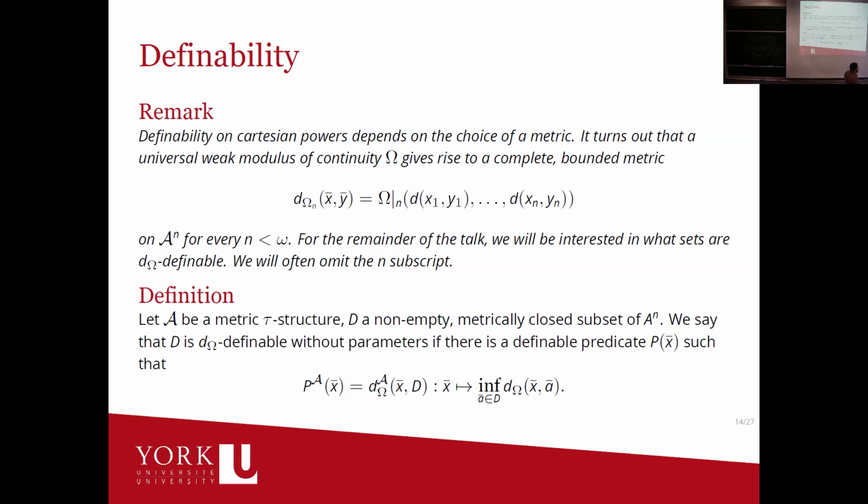It's also equivalent to a nice continuity property: there is a definable predicate, which I'm going to call Q of X, such that for every epsilon greater than 0, there is a delta greater than 0 such that if Q of X is less than delta, then the distance of X to this set is less than epsilon.